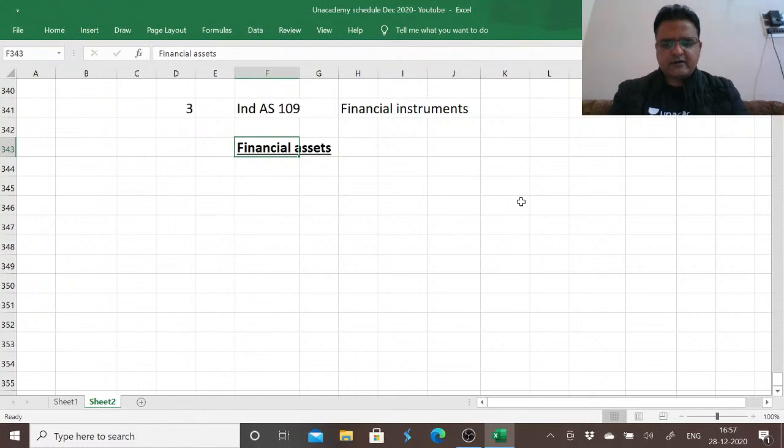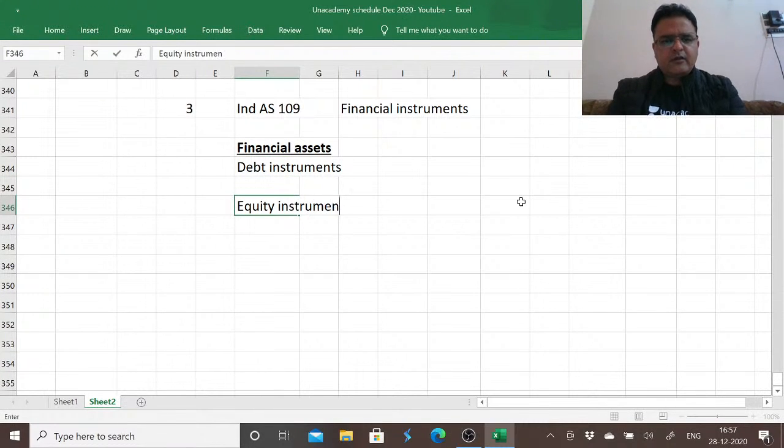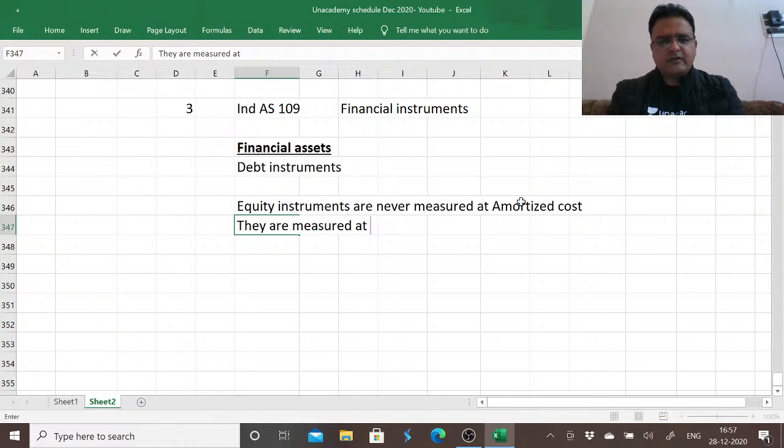One is debt instruments and one is equity instruments. The equity instruments are never measured at amortized cost. They are normally measured at fair value through P&L.